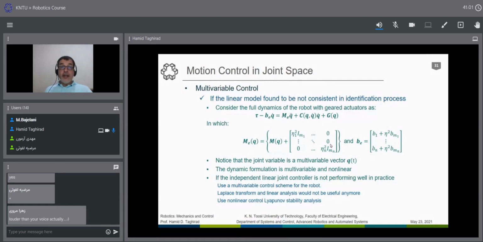Furthermore, theorems like the final value theorem, the initial value theorem, the convolution integral that becomes multiplication, all the benefits that we have in the linear part are gone.